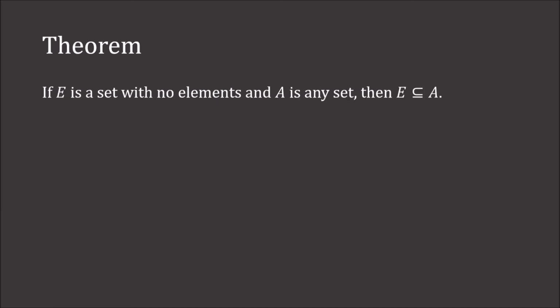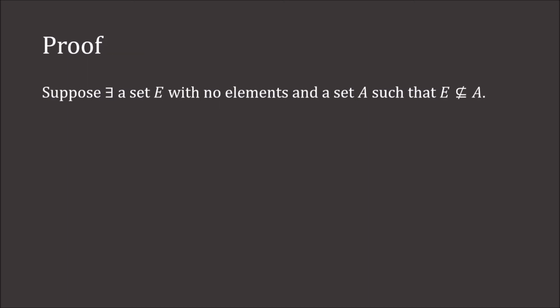Here's where I promised we would prove that the empty set is a subset of every set. So if E is a set with no elements and A is any set, then E is a subset of A. Well, we're going to have to do this by contradiction.